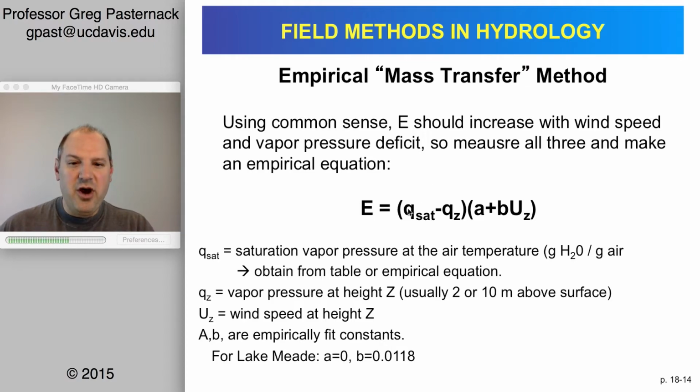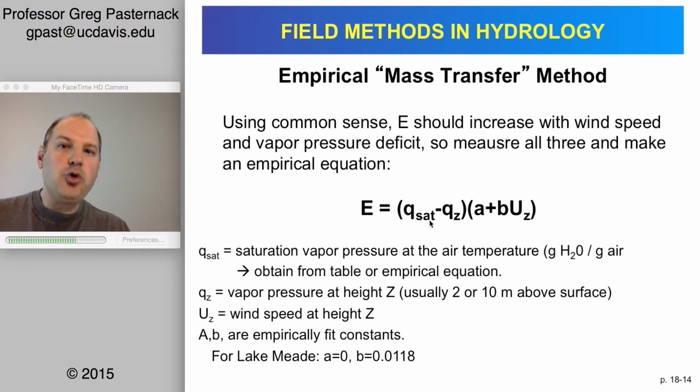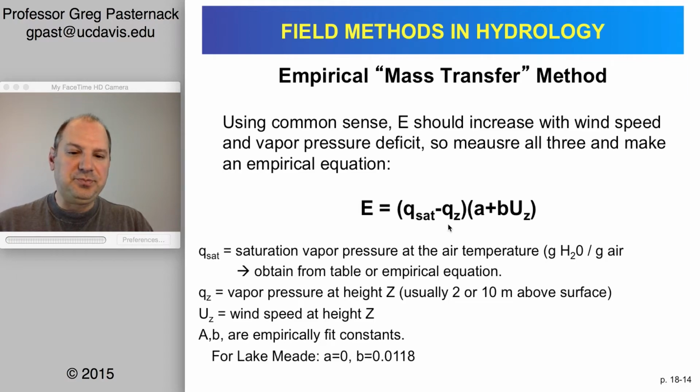So we have two variables here, Qsat minus Q at a given elevation Z, or altitude above the water surface. This Qsat minus Q term, this is the deficit, okay? So Qsat, that's the total water that the air can hold at that temperature, and Qz is what it's actually holding.